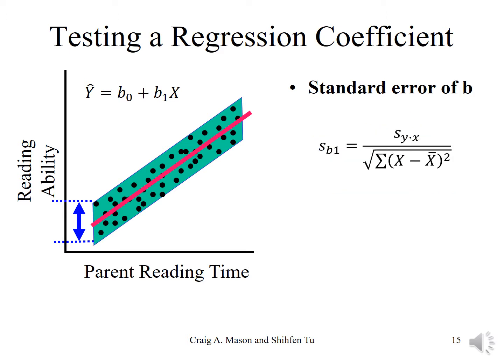We then use the standard error of the estimate to calculate the standard error of b, the standard error of the regression coefficient. Mathematically, the standard error of b is written as s sub b. That's because it's effectively the standard deviation s of the regression coefficient b.